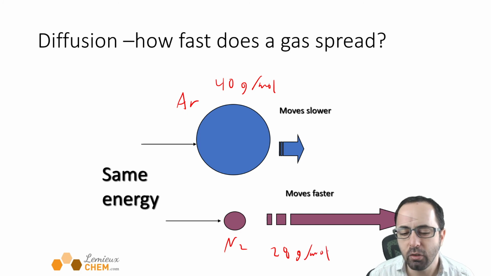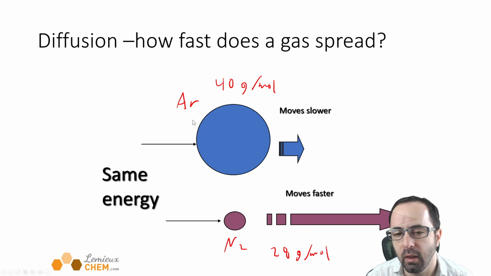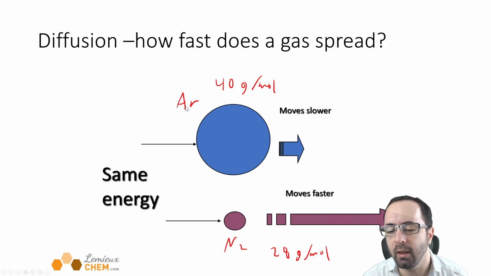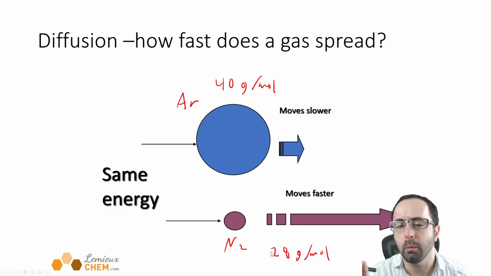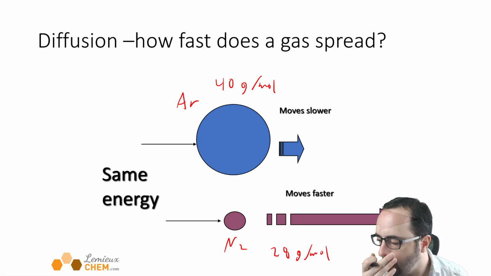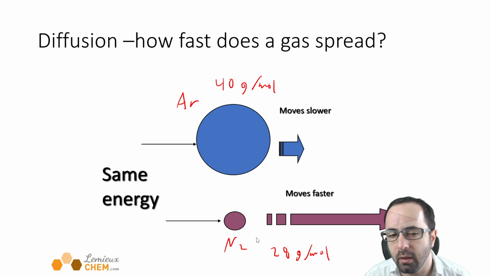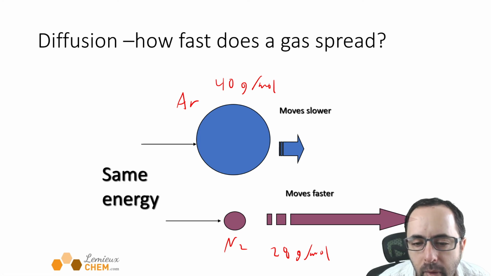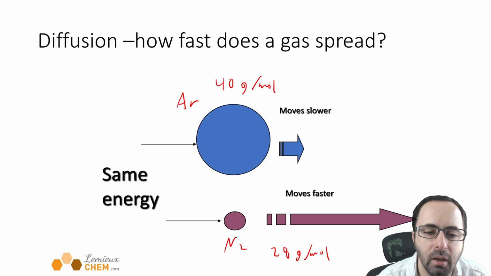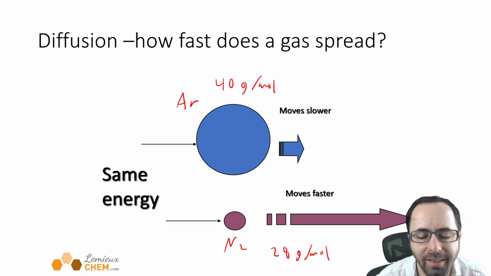So the nitrogen molecules are moving faster than the argon molecules at the same temperature because they're lighter. The result is that nitrogen molecules will find places to escape the tire a bit faster than argon, so the argon tires will stay inflated slightly longer. That said, it's probably not worth the difference.